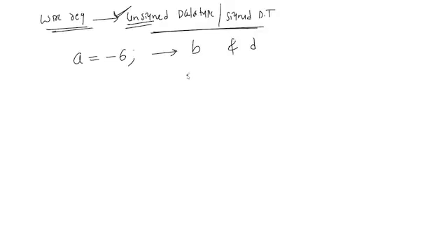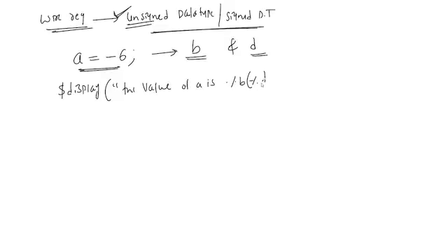It will store as unsigned and this -6 value. I want to display it. Suppose here I'm using a equal to -6, and I'm using $display the value of a is percentage b comma percentage d comma a.